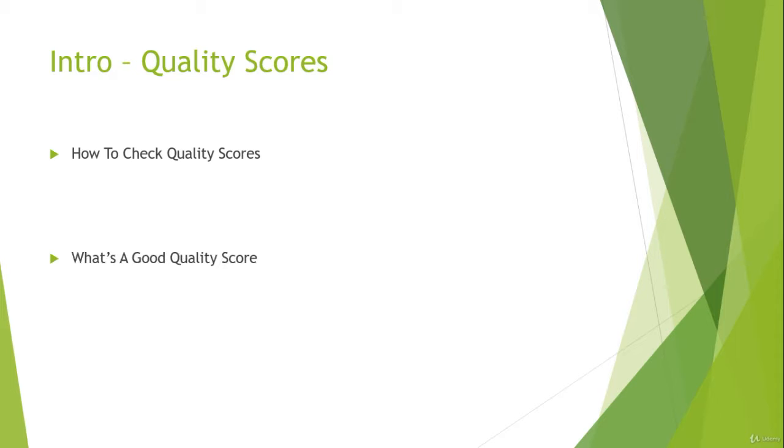We'll also look at what's a good quality score, which is something that you should know as you work on your quality scores and look to improve them. And we'll look at how to improve your quality scores and get them to 10 out of 10. 10 out of 10 is the highest, and it shows that ads, landing pages and keywords are all working effectively together. So let's get started.